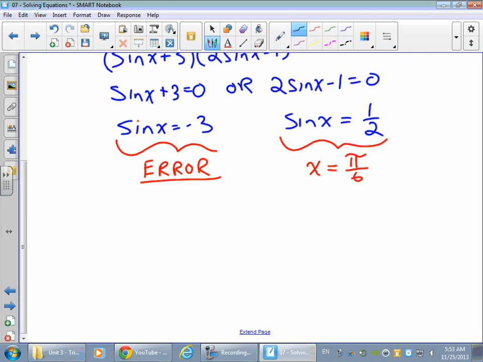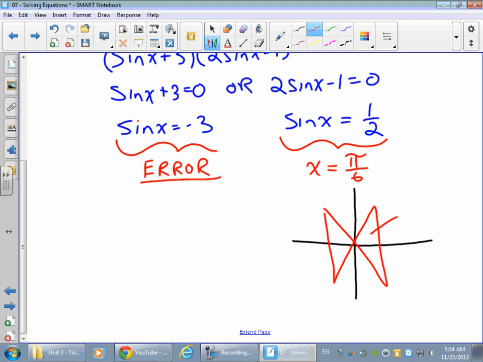And of course, we know there will be, always going back to the old butterfly. And I've got pi over 6. Pi over 6 is the size of the angle. And so I would have pi over 6 here as well.